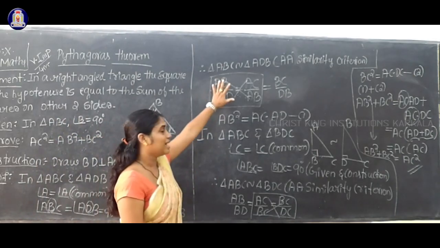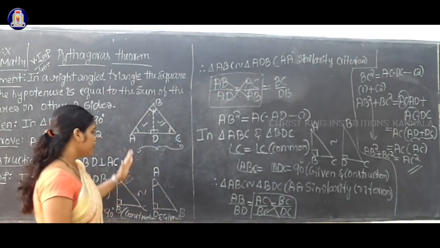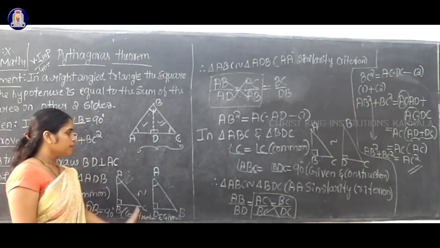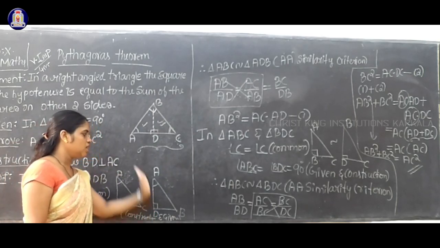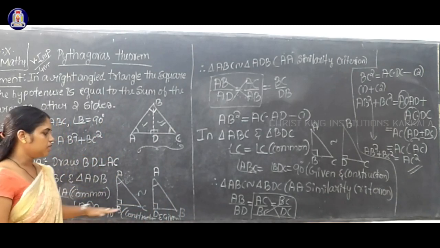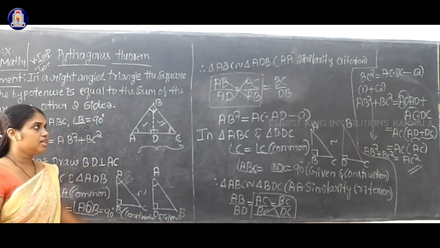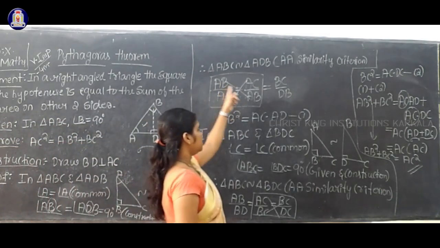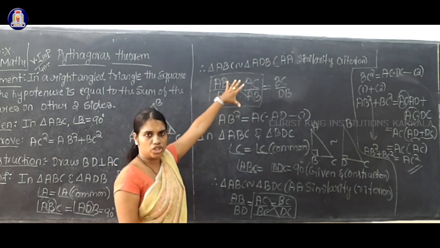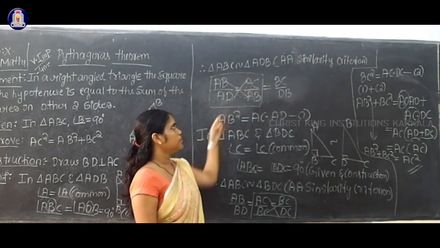So therefore, I'll collect the corresponding sides. For the side AB, what is your corresponding side? AD. Once again for the side AC, your corresponding side is AB. Once again for the side BC, your corresponding side is DB. Okay. Next AB is common. So therefore, I'll take the first two ratios. Do the cross multiplication.